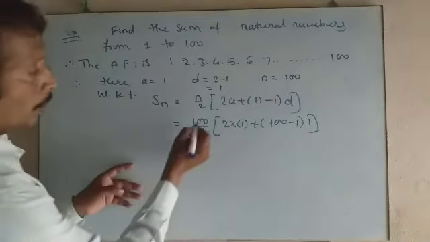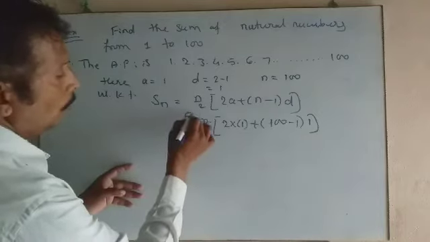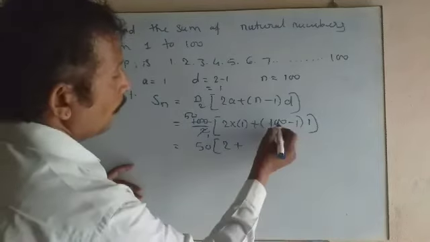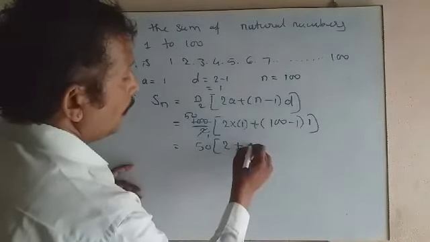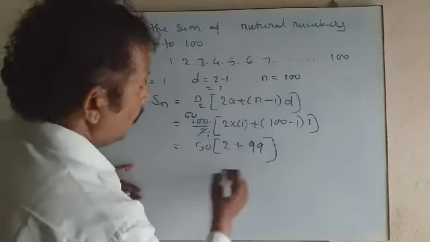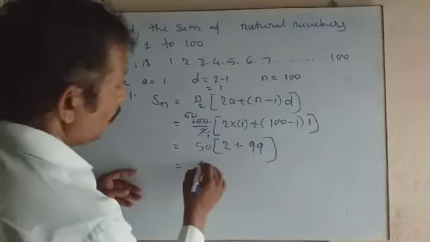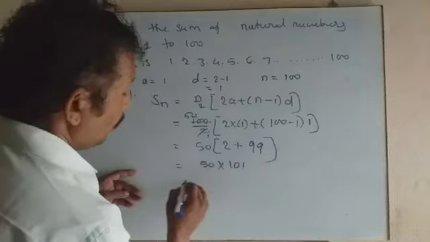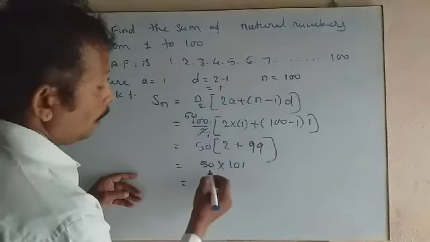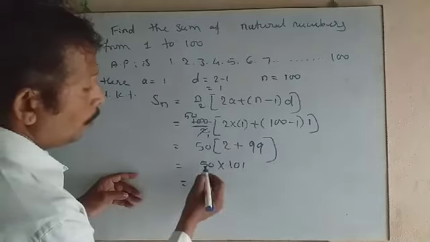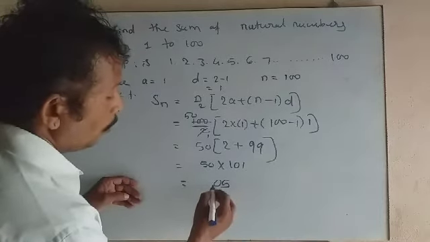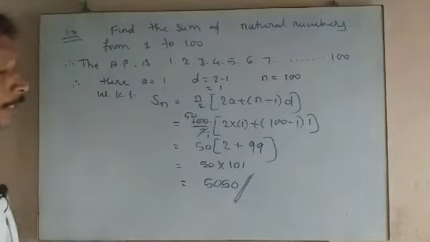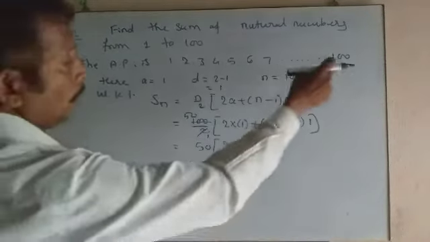That is equal to 100 by 2, 50, into bracket 2 plus 99, which is 50 into 101. Take the product of 101 into 5. First multiply by 5, then put 0. 5 ones are 5, 5 zeros are 0, 5 ones are 5, put this 0. This is the sum of all the natural numbers from 1 to 100.